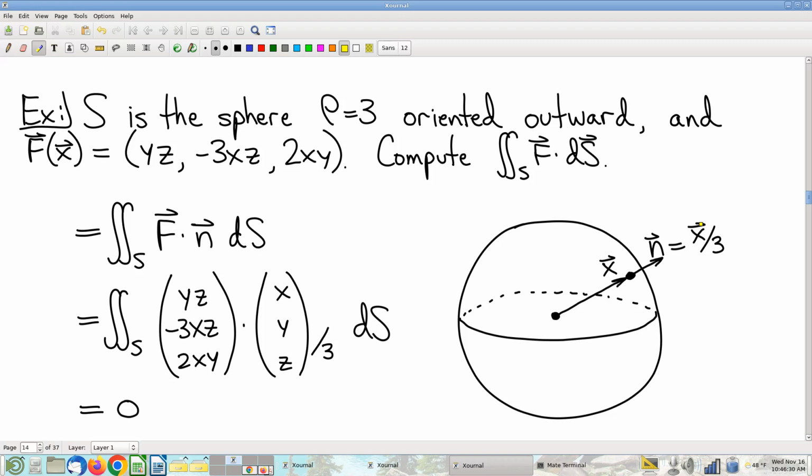But scalar line integrals, scalar surface integrals, yes, there are odd symmetry theorems. They're exactly what you think they are. They're totally analogous to double integral and triple integral symmetry theorems. For vector line integrals, it just doesn't work. And likewise for vector surface integrals, odd symmetry, it just doesn't work.